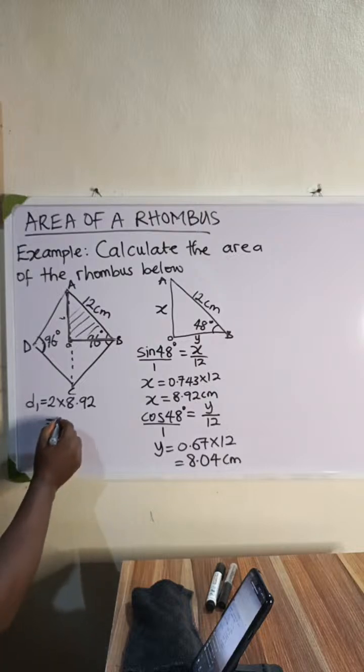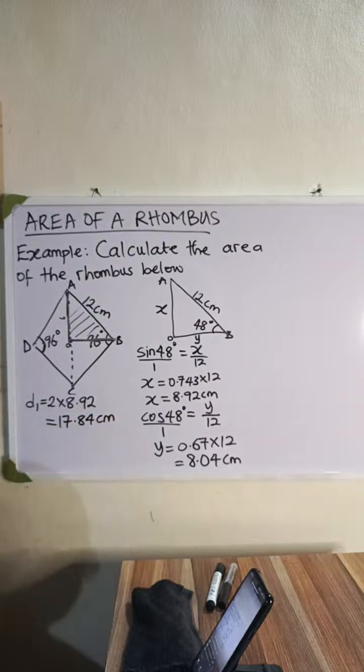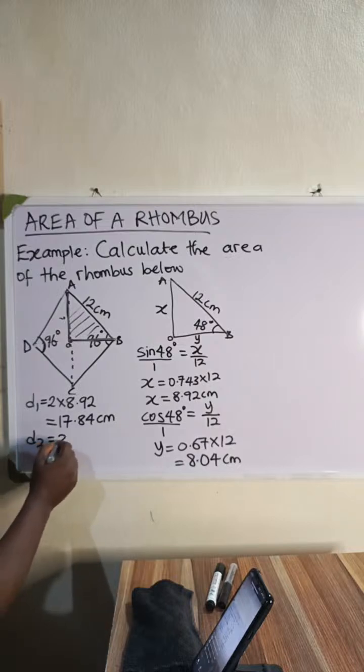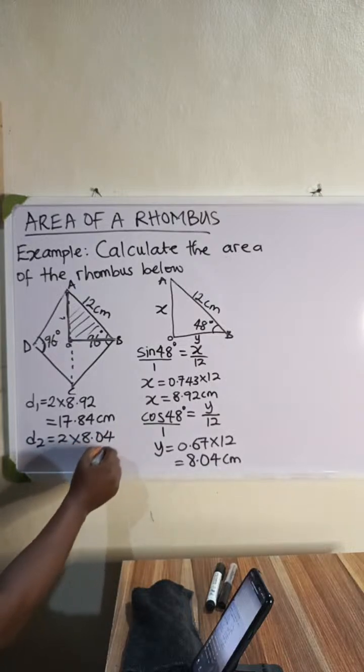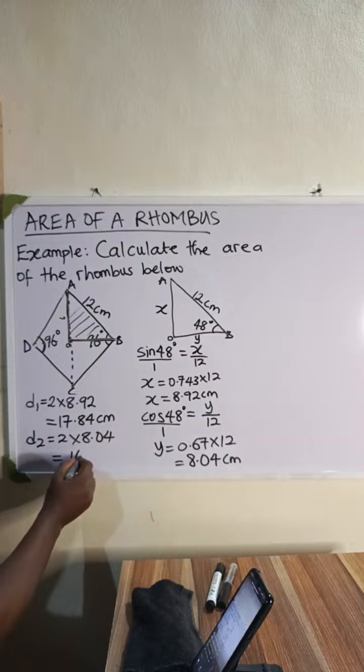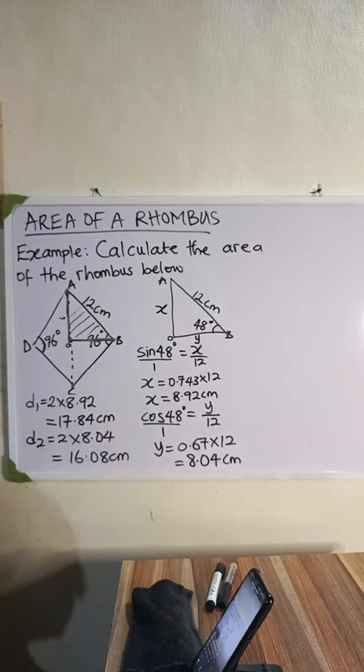So D1 is equal to 17.84 centimeter. D2 is equal to 2 times y. Y is 8.04, which will give us 16.08 centimeter. So we've gotten our D1 and D2.